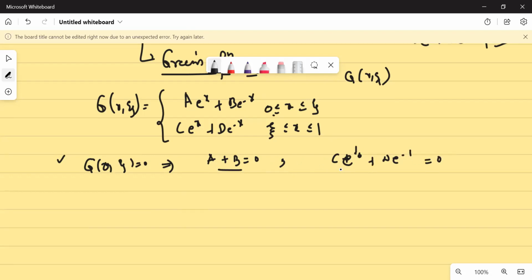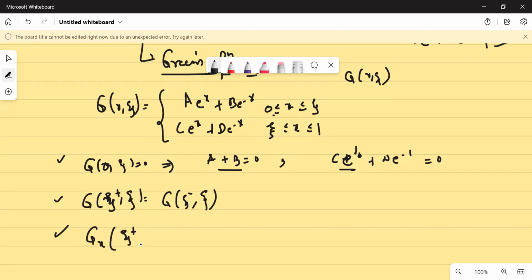Then the continuity condition, g(zeta+, zeta) should be equal to g(zeta-, zeta). And the fourth condition is that the jump of the derivative of g at zeta, g_x(zeta+, zeta) minus g_x(zeta-, zeta), should be equal to minus 1 upon minus 1, that is 1.